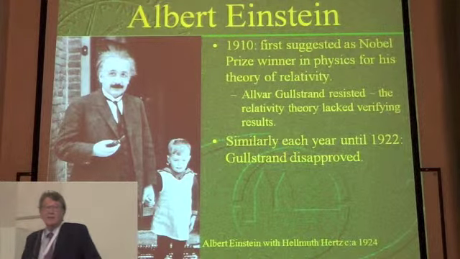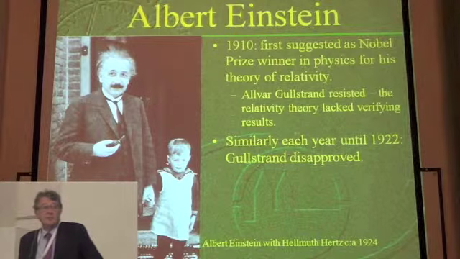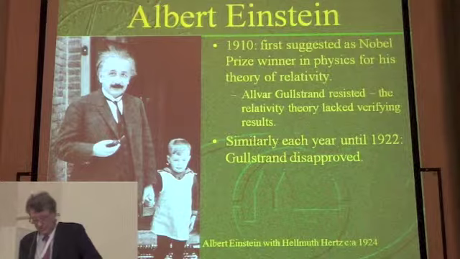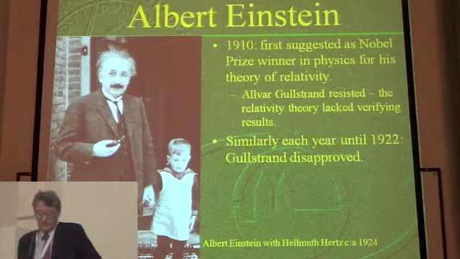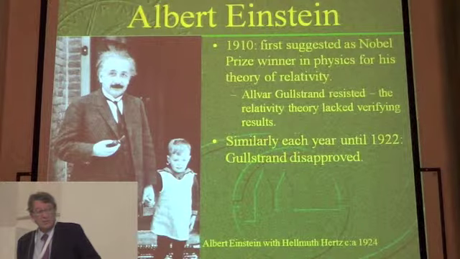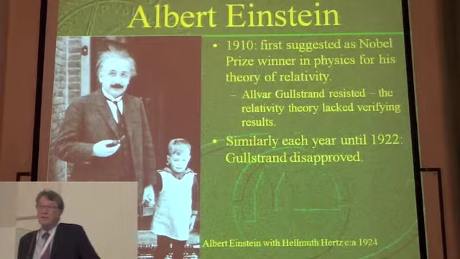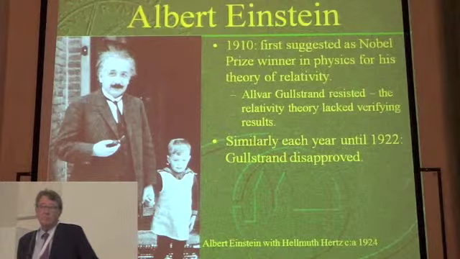So Albert Gullstrand at the Royal Scientific Society in Stockholm, where he was in the Nobel Committee, resisted Einstein getting the Nobel Prize for 10 years. And when Gullstrand said no, it was a no.